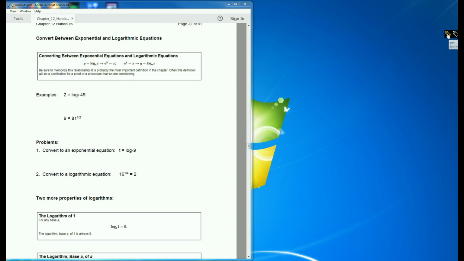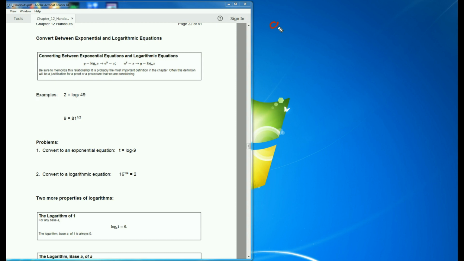All right, so next page, converting between exponential and logarithmic equations. This is exactly the same relationship we just saw on the previous page. In fact, we just did this in order to make that plot. So let me write this again.